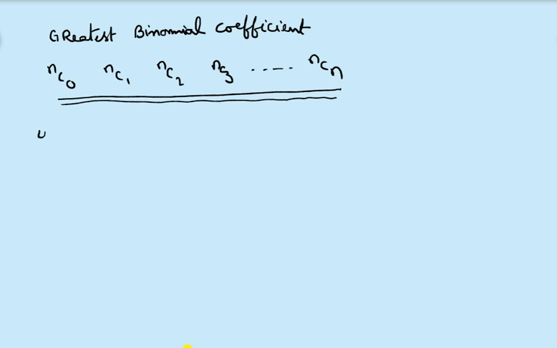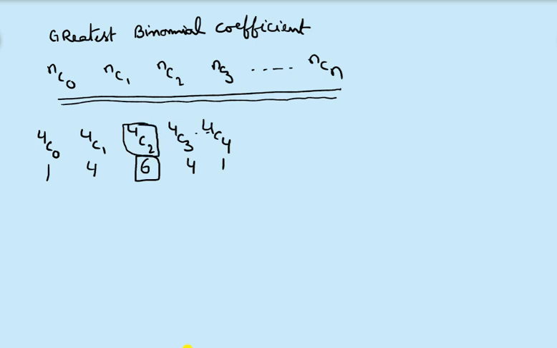Just observe here, 4C0, 4C1, 4C2, 4C3 and so on, 4C4. 4C0 value is 1, 4C4 also 1, 4C1 is equal to 4, 4C3 also 4, 4C2 value is equal to 6. This is the greatest among all these binomial coefficients.